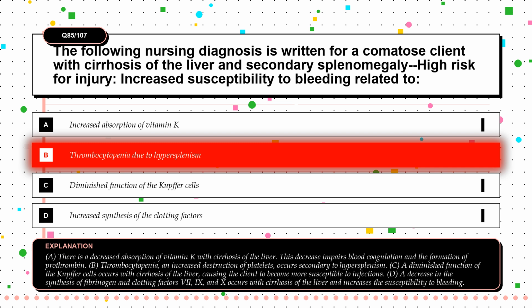C. A diminished function of the Kupffer cells occurs with cirrhosis of the liver, causing the client to become more susceptible to infections. D. A decrease in the synthesis of fibrinogen and clotting factors II, VII, IX, and X occurs with cirrhosis of the liver and increases the susceptibility to bleeding.